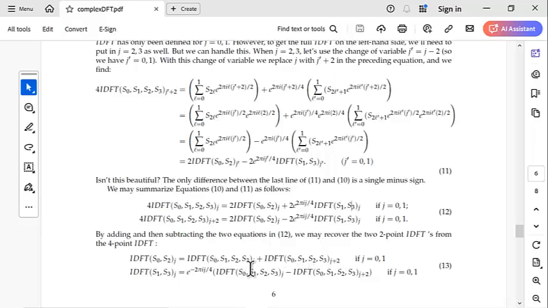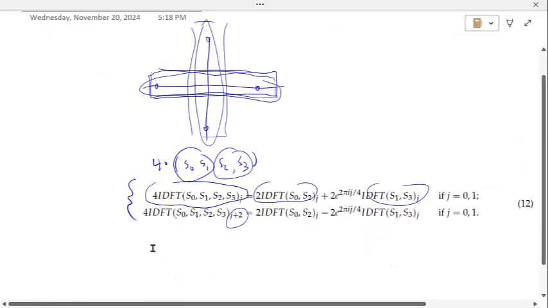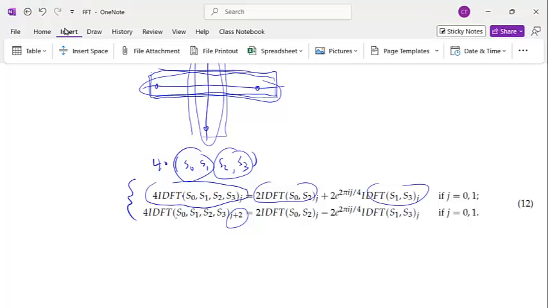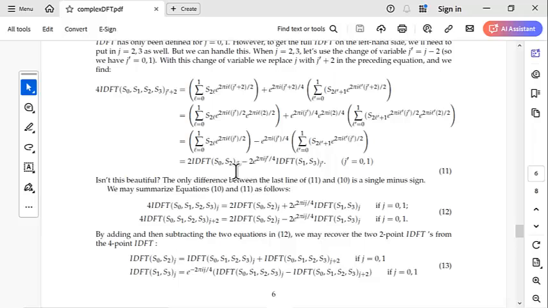Now, I'm going to repeat this process. You see here I had a 4-component IDFT, and here I have a 2-component, and I should be able to do the same type of equation I did here with the 2 components. Let's see how that works out. I'm just going to do some analogous reasoning, and we can verify it on the next page. So let me grab both of these.